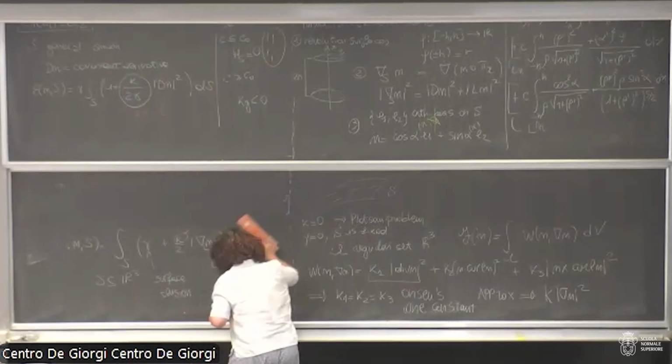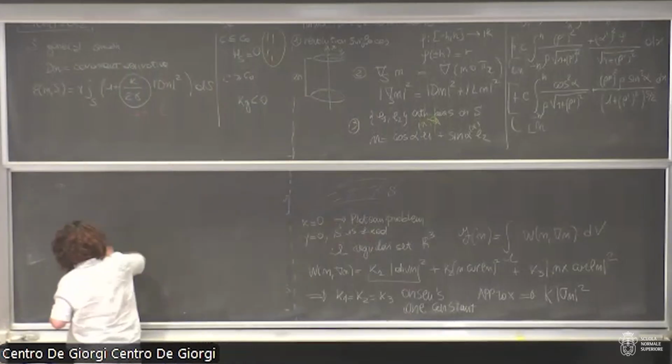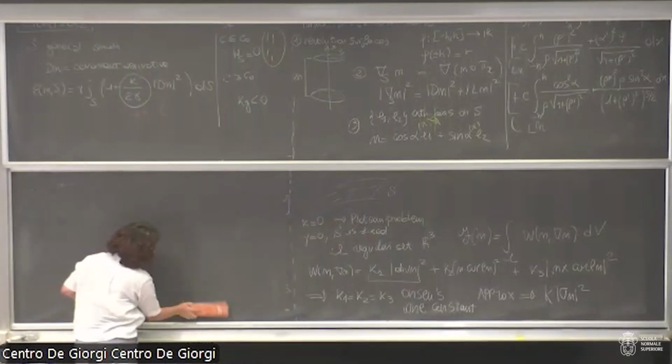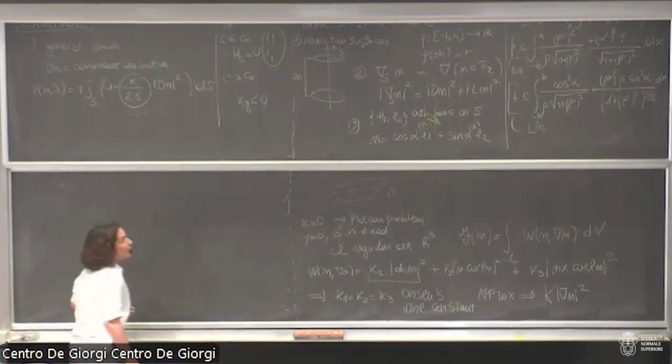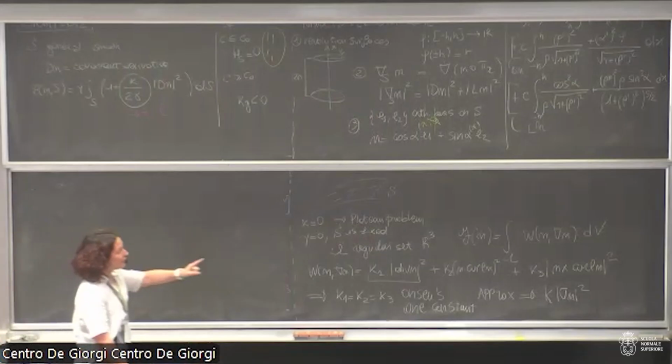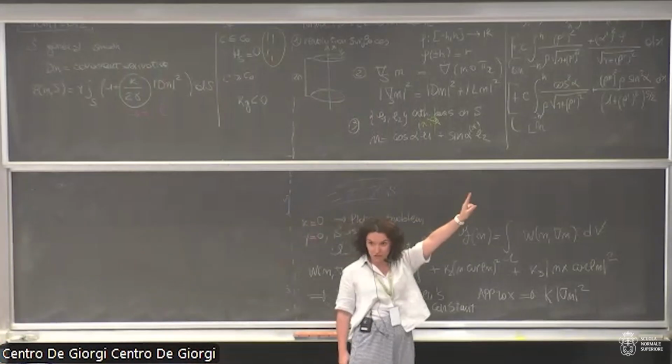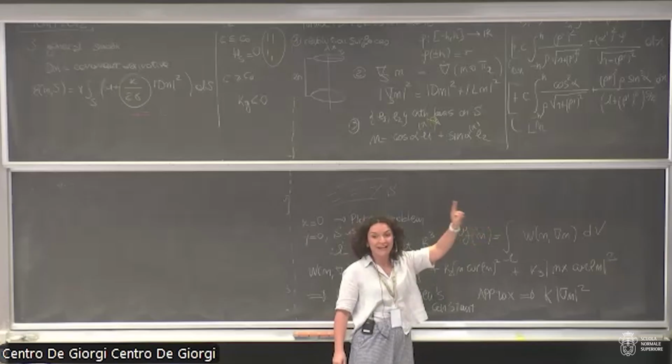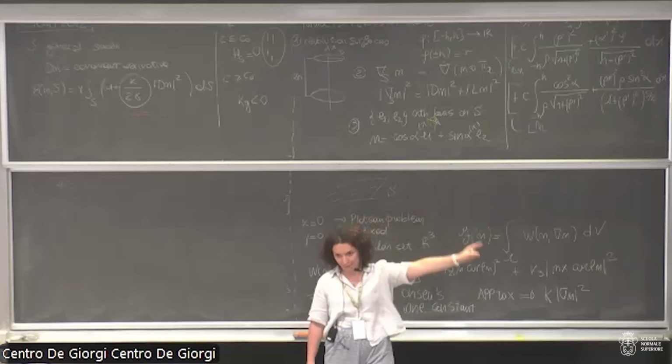What Napoli and Vergori did, they studied the critical points for this energy functional, so they derived the Euler-Lagrange equations, and they solved them numerically.